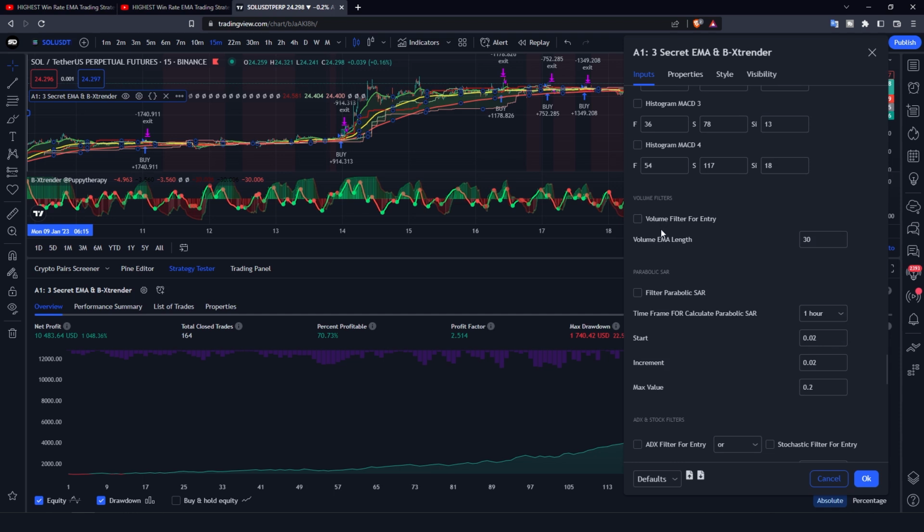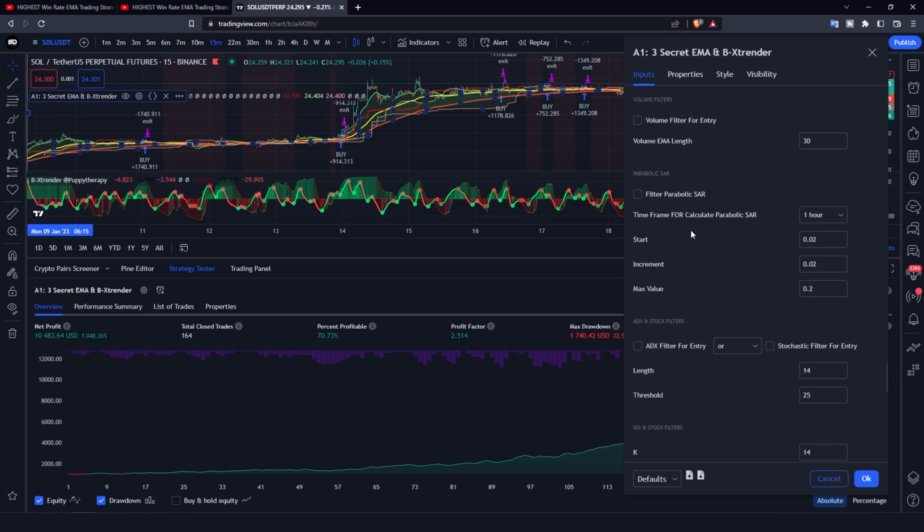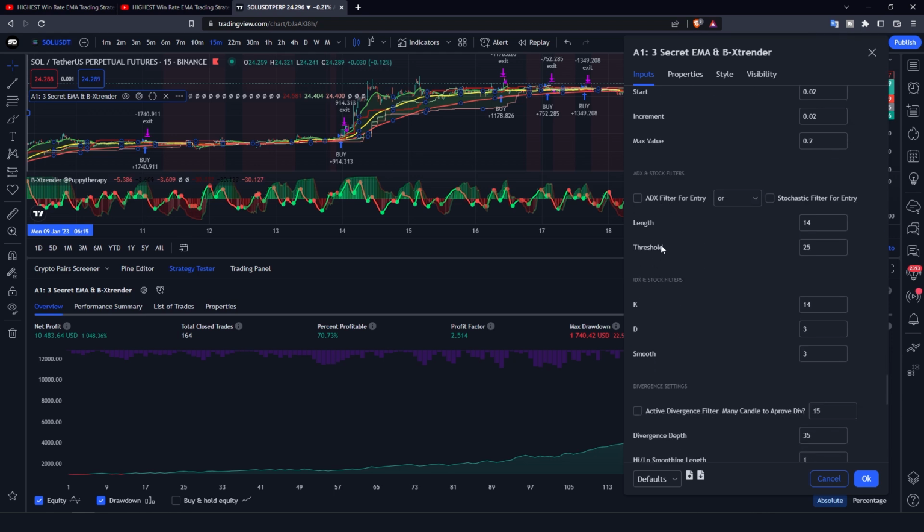You can have volume filter, and in other section you can set volume EMA lengths for trades. Okay, and I have parabolic SAR, that is multi-time frame. And the other section you have ADX filter and stochastics.